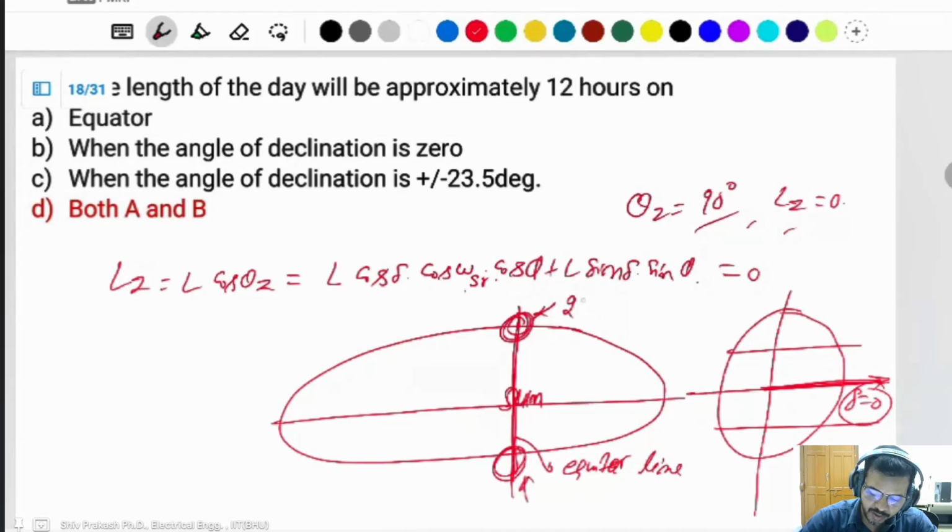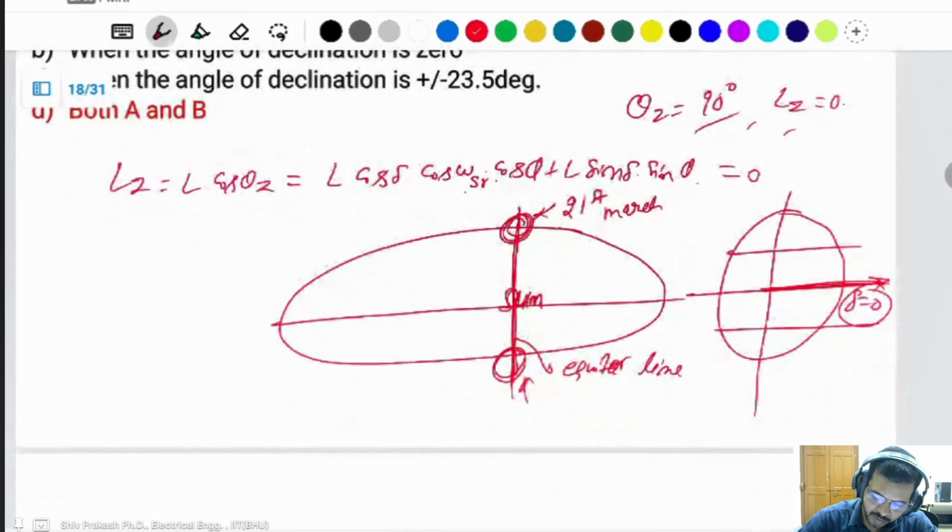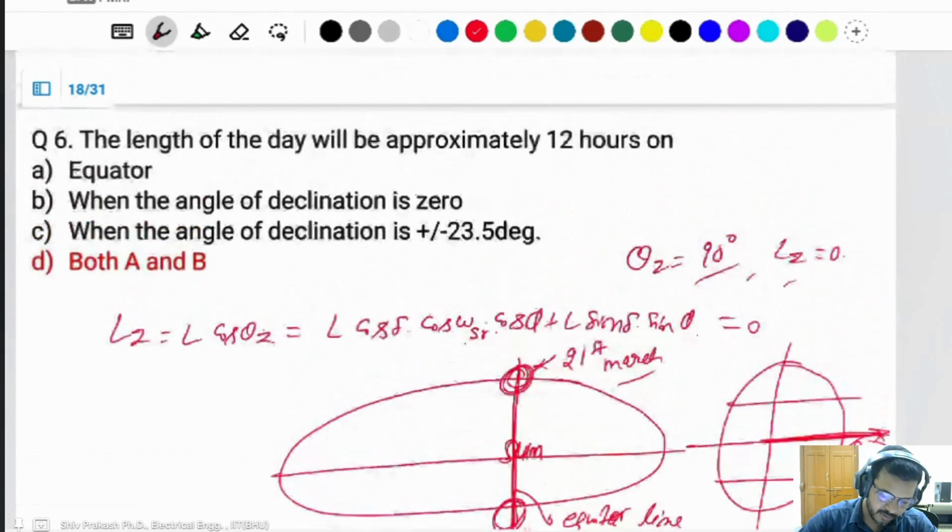No, at 21st March and 21st September, at that time the daytime and night time will be approximately the same. That's why it is asking the question. The length of the day will be approximately 12 hours. It means 12 hours of daytime and 12 hours of night time.